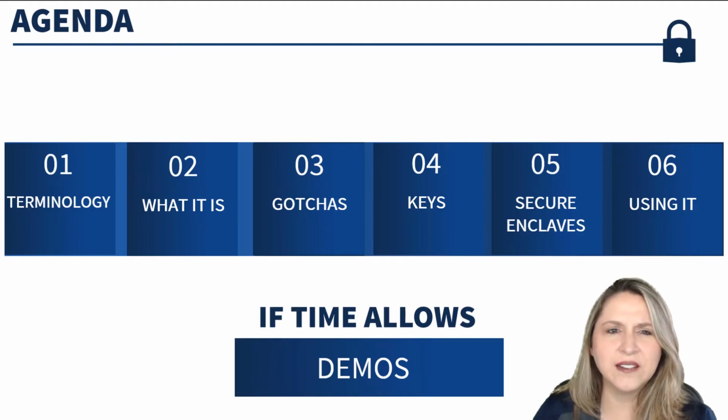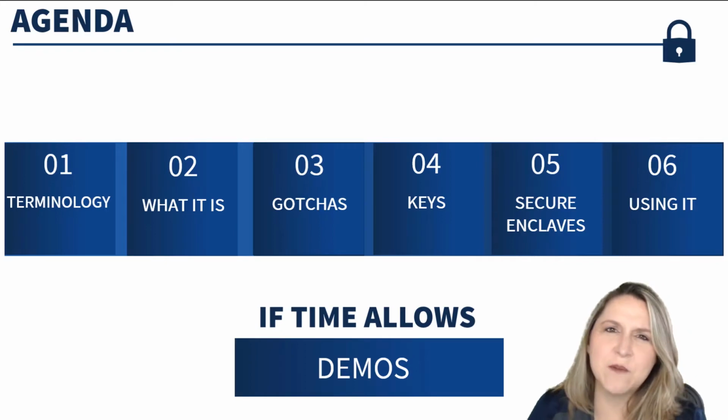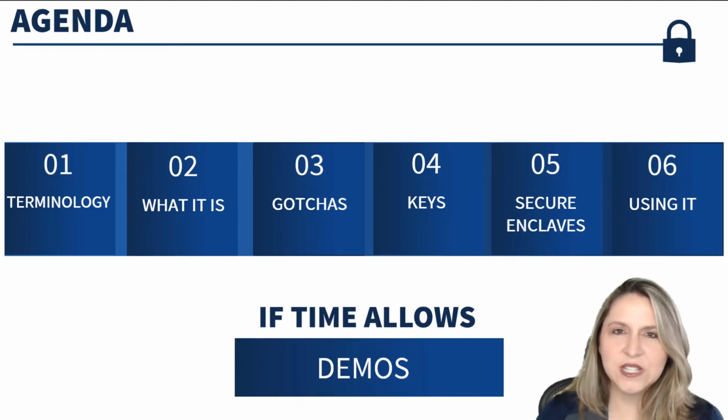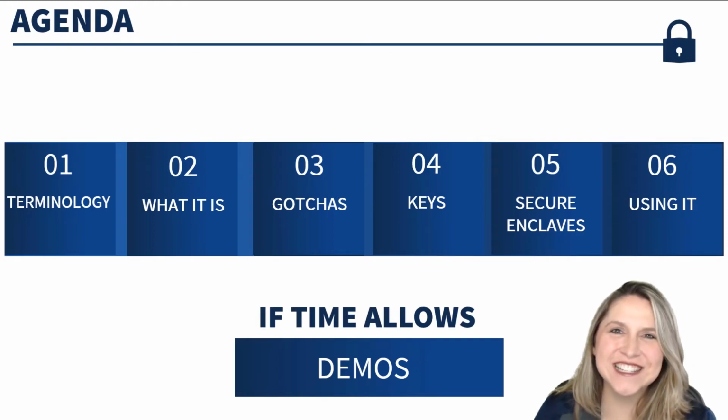So we're holding that to the end. And then we're going to talk about how you can use it in your environment. And if time allows, we're going to dive into those demos and set it up. This is only a 50-minute session, so let's cross our fingers that we get to that part. I know I talk pretty fast, so hopefully that will help us gain some time and allow us to get to those demos before we're done.